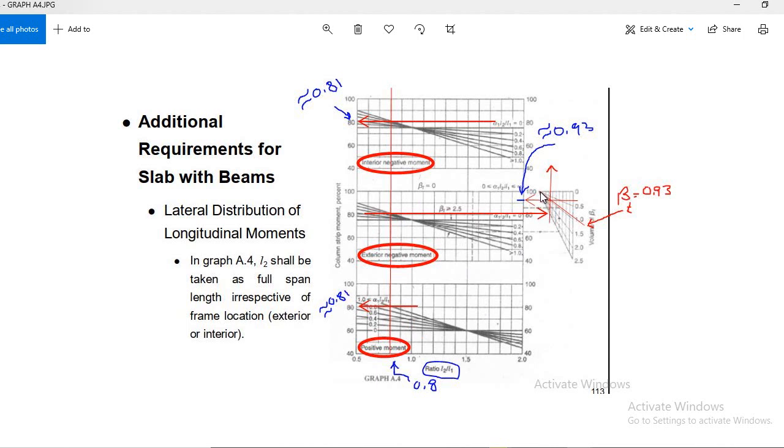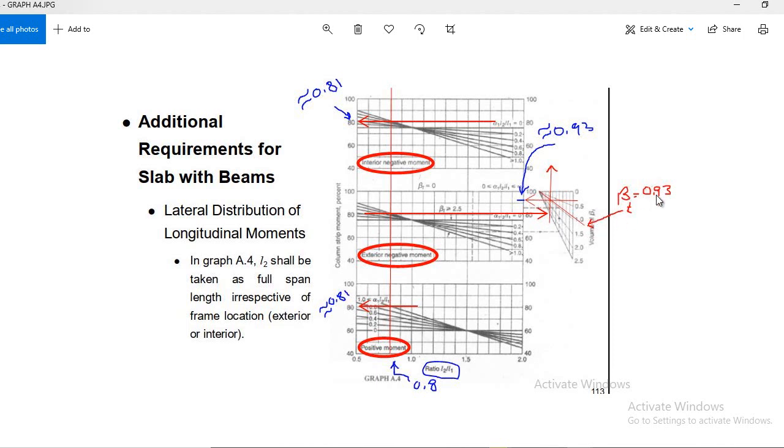Then we have to find the point where it touches these inclined lines. So here it touches, and then we have to go in upward direction, but parallel to these lines. Then we have to find out our beta t.